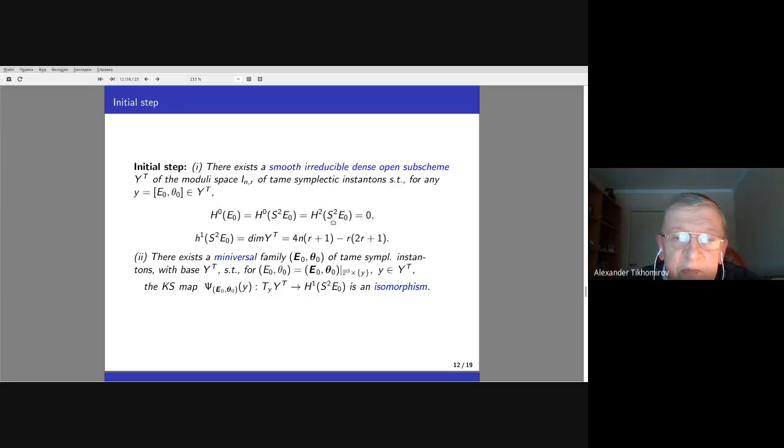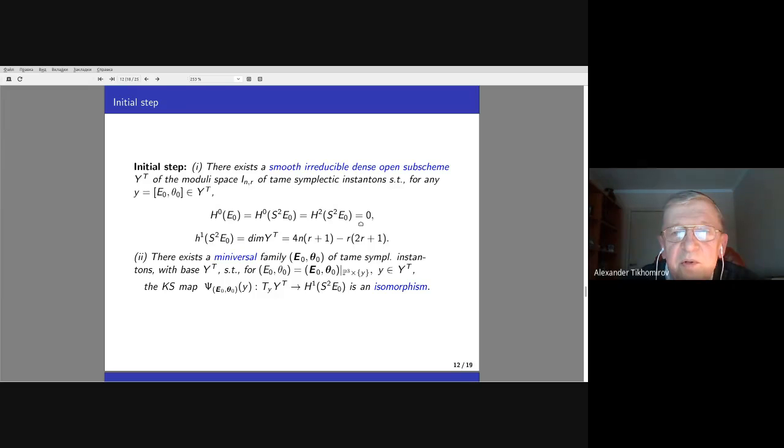But for them, you know that these spaces are smooth, so they have unobstructed deformations. I mean, H2 of endomorphisms, in particular of the S square of usual instantons, is 0.